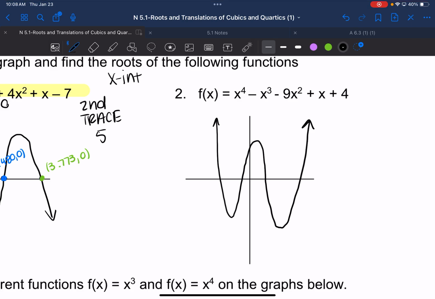So how many zeros does this one have? 4. All right, so we got 1 here, 1 here, 1 here, and 1 here. Okay, so where would we say that this zero furthest to the left is located? Good. Perfect. And what about that second one?